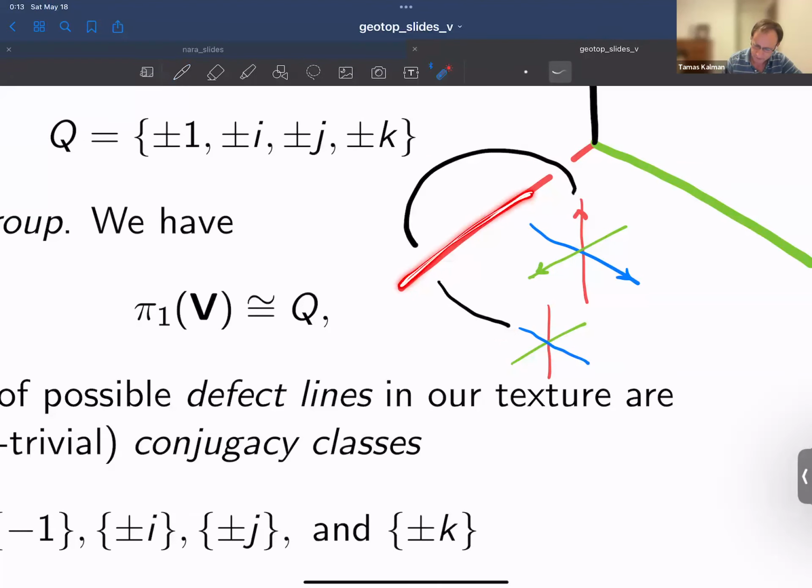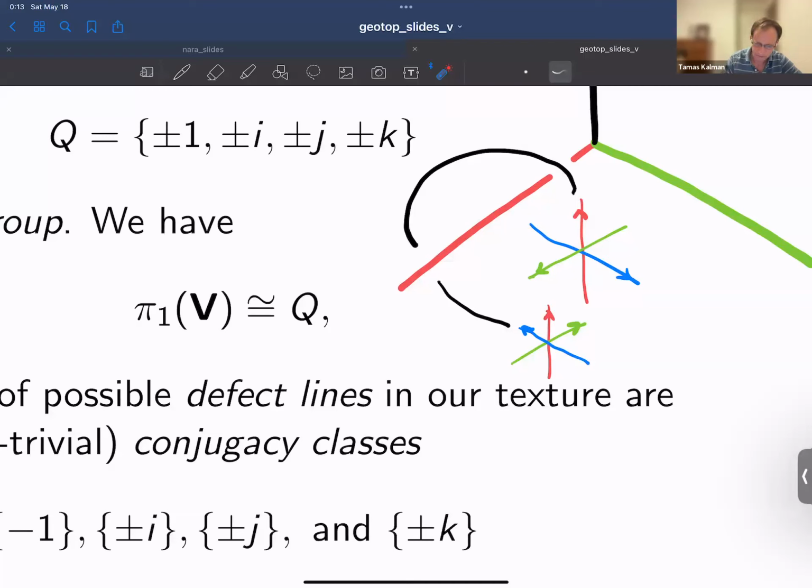Then this being the red type, corresponding to this red line, means that when I return, the red axis is still oriented in the original way, but the other 2 axes flip. That's what it means for this defect to be red type, to correspond to this axis.